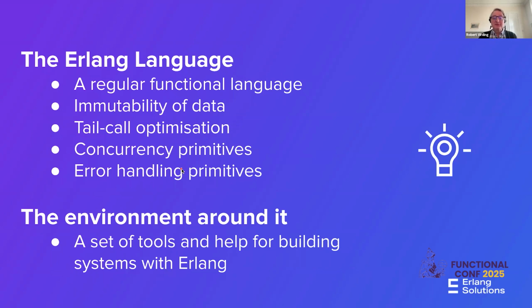So if you look in the language, you'll find there are primitives for creating processes and communicating and catching errors and everything like this. How you then use it, that you can do in your environment here. You can make a set of tools building these things. So we delivered both the language and the environment around which you could use it, which they could then build their application on.